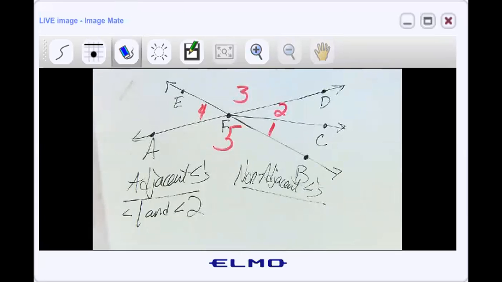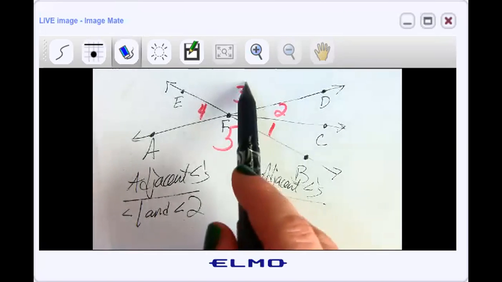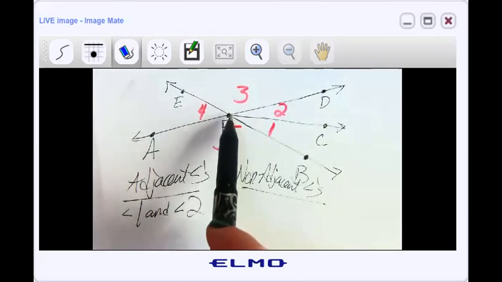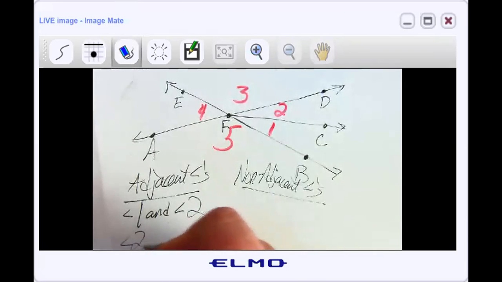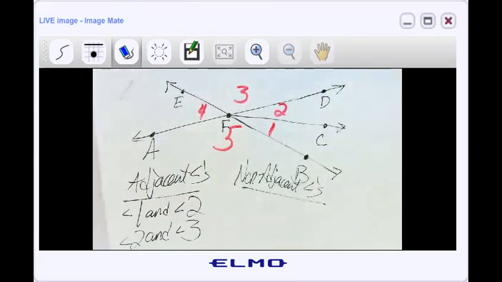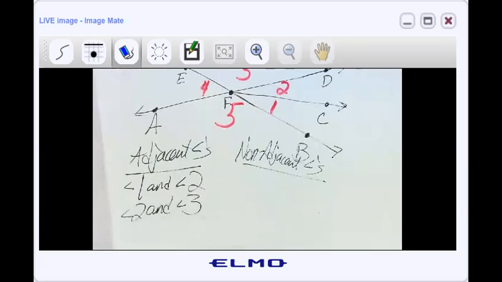Okay, I got 2 answers. 2 and 3. Perfect. 2 and 3, next door neighbors. They have that shared side, common vertex, and don't overlap. 2 and 3, you bet. I also got in the chat 3 and 4. I agree with 3 and 4 as well. They're next door neighbors. They don't overlap. They have that common vertex. Yes, yes, yes. All right, so let's add 3 and 4 to this list.